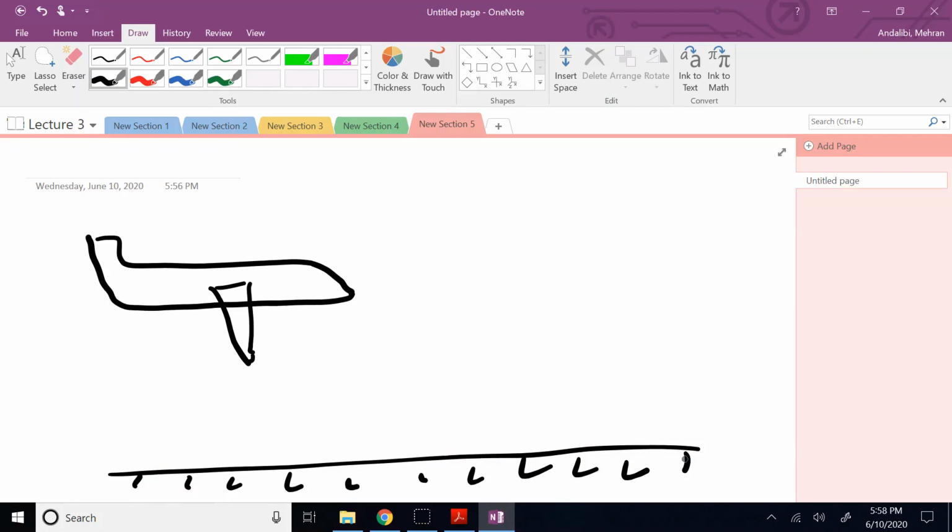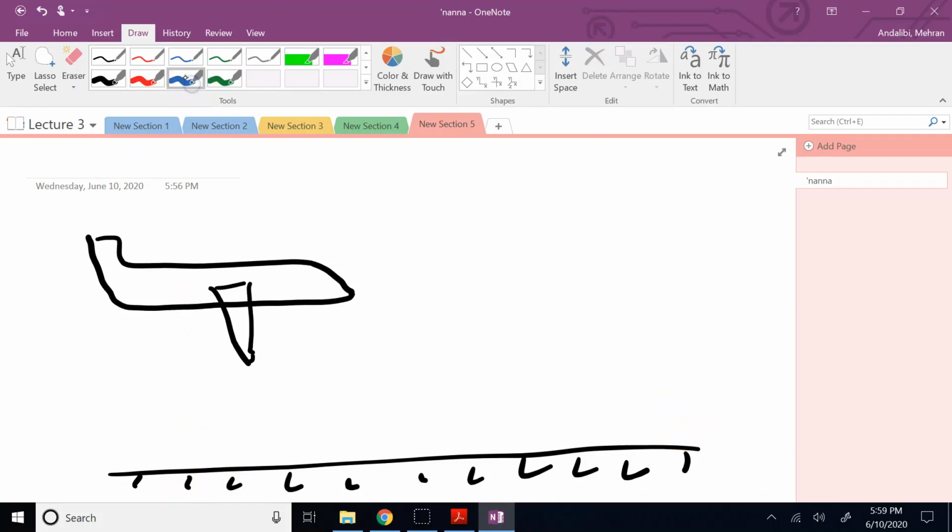Where do you want to put it? And where is the origin? So the location of the origin does not matter. You can put it anywhere you want as long as it is fixed. So you can put it right where the airplane is. You can put it right on the ground, right below the initial position of the airplane. You can even put it at the end. Regardless of where you put it, the answer is the same.